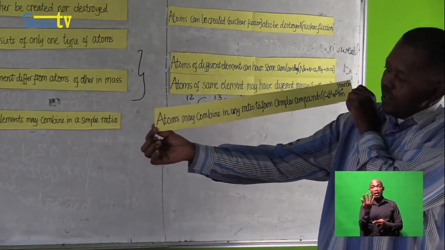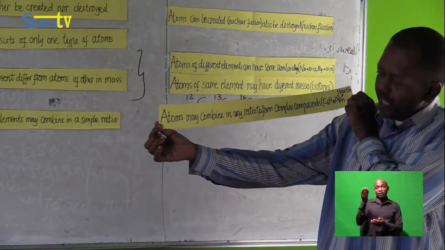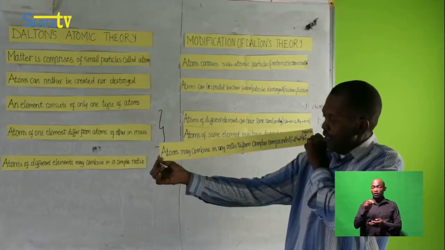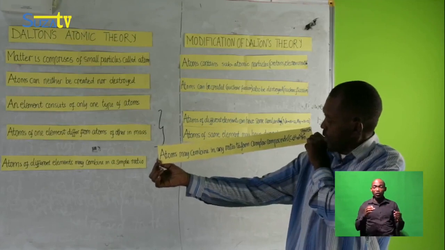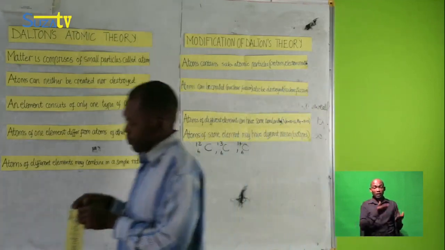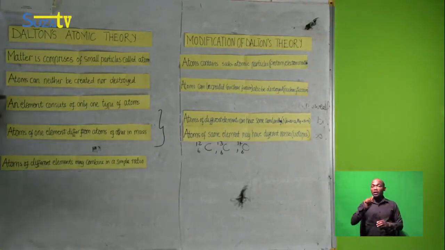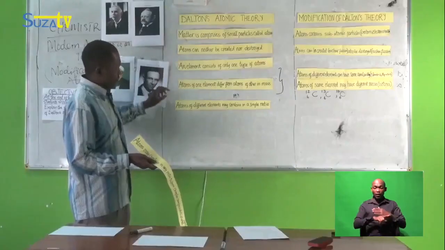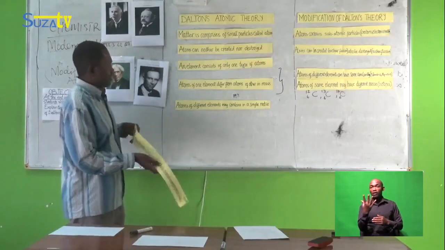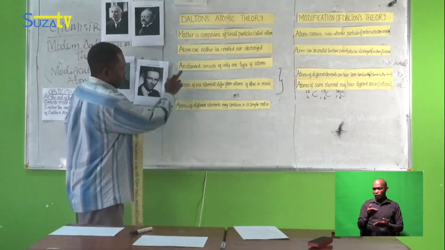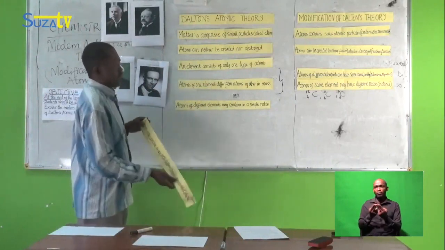So this modification says, I repeat, atoms may combine in any ratio to form complex compounds. Since there are two Dalton postulates, number 3 and number 5, let's read the first one to make sure which one is matched. An element consists of only one type of atom.